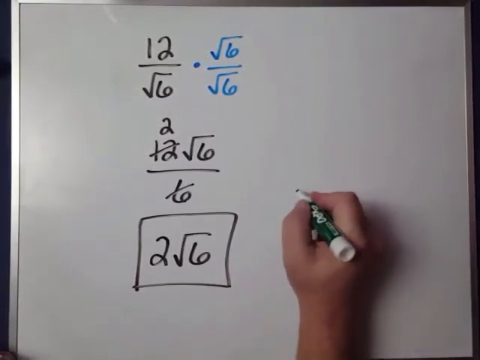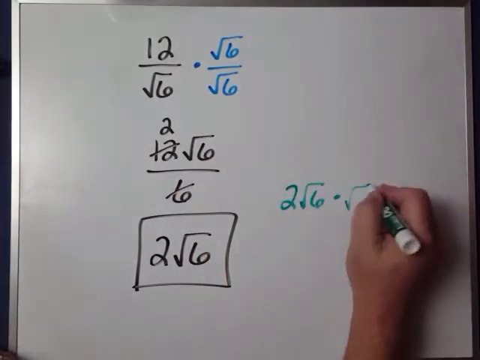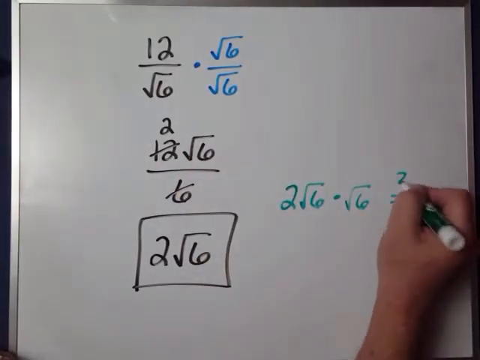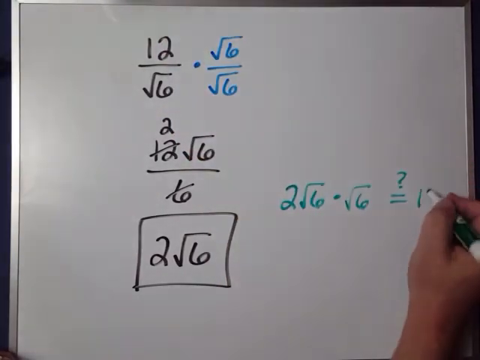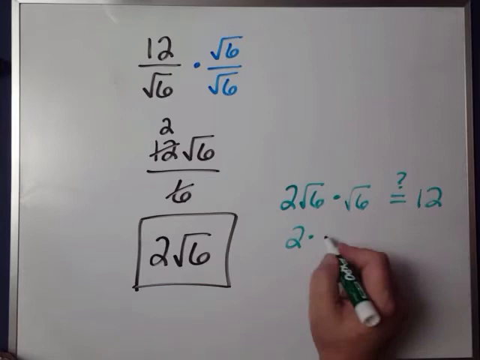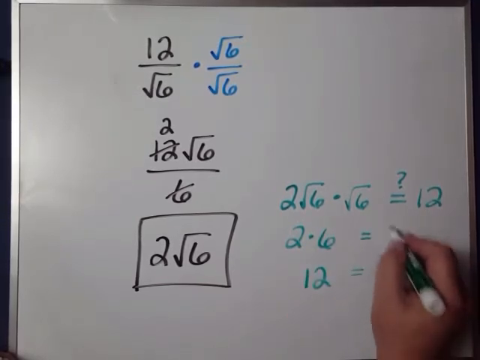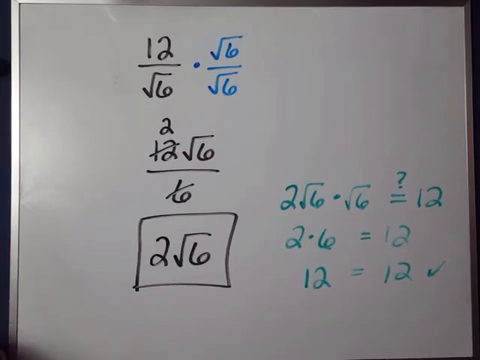Is it true that this answer times that original divisor gives you back the original dividend? Well, this is 2 times square root of 6 times itself is 6, and 2 times 6 is 12, and so that does check. So you do have a method of checking these.